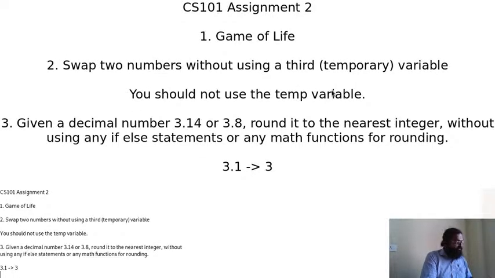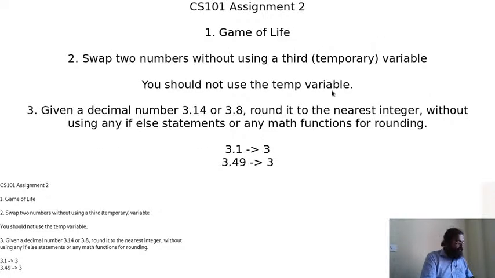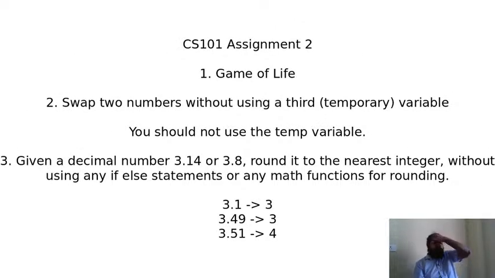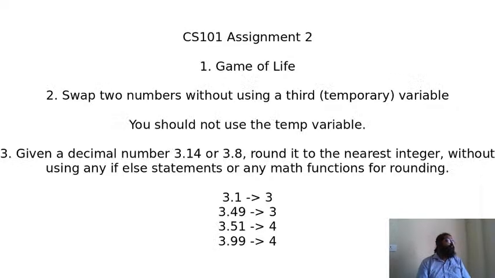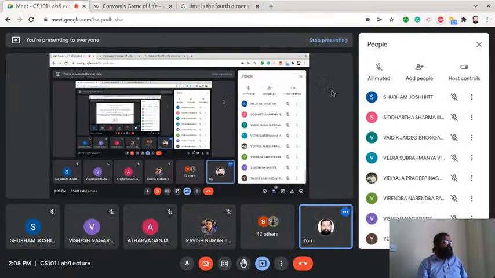If you have 3.49, it should print 3. If you have 3.51, it should print 4. Correct? That is what rounding means. Or 3.99 will be 4. Okay, students? Are you able to follow the questions?